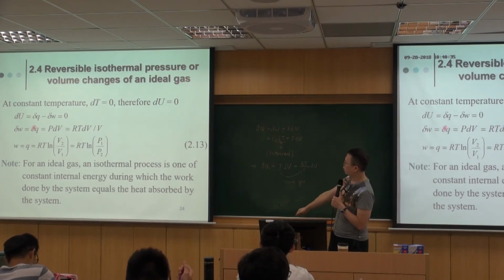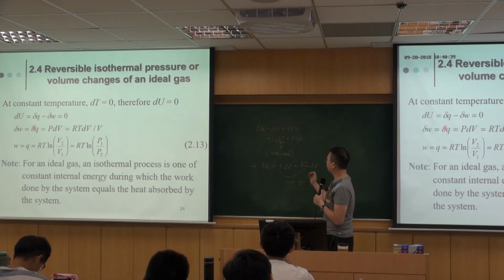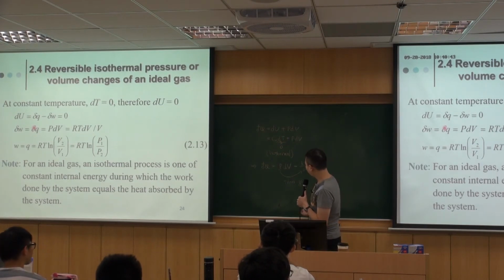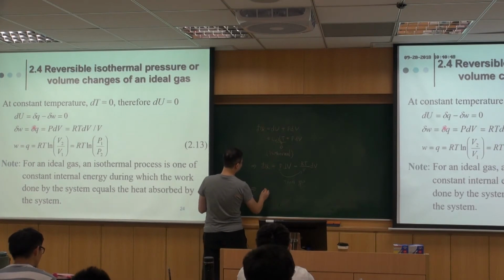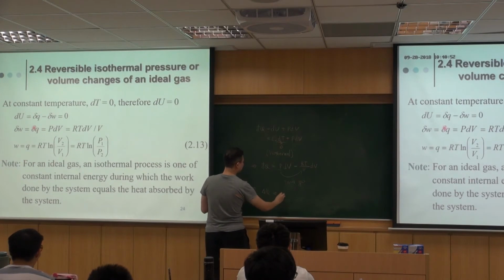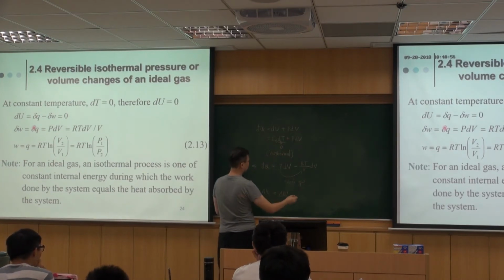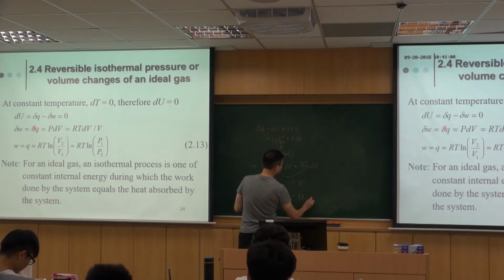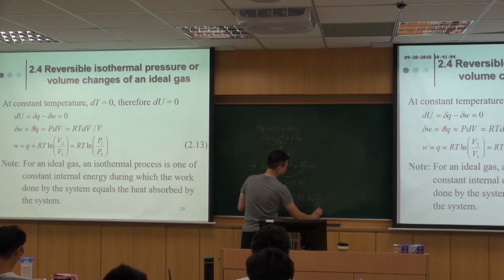Therefore, by doing the same thing, you can do the integration for both sides of the equation. So the Q, let's say the Q is, we know that the change of work, which is this thing, will be RT log V2 over V1.